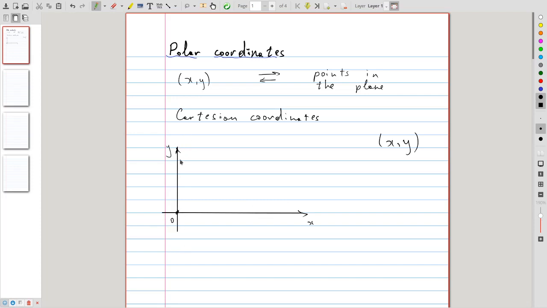and the same for y in the vertical direction. So let's say x and y are positive for simplicity. You would walk distance x to the right horizontally, and then you would go distance y up. So say like this.